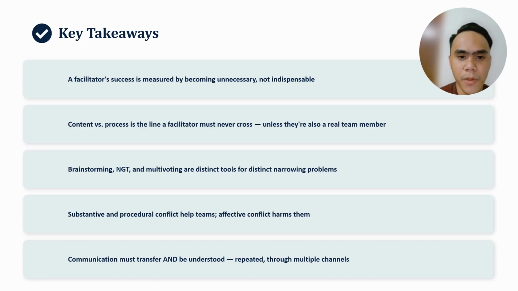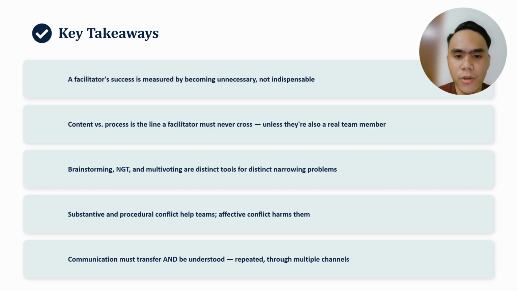Second is content versus process. It is the line a facilitator must never cross unless they are also a genuine, bona fide member of the team, in which case the restriction simply does not apply to them. So knowing which situation you're in is the first thing any facilitator needs to get right.